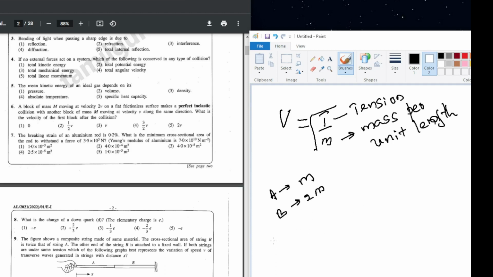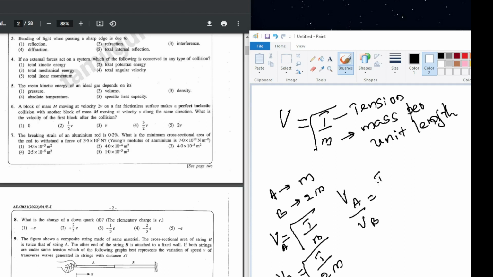And we write down the equation for the speed of the wave for both strings. For A, it is square root of T over M. For B, it is square root of T over 2M. We take the ratio of VA and VB.